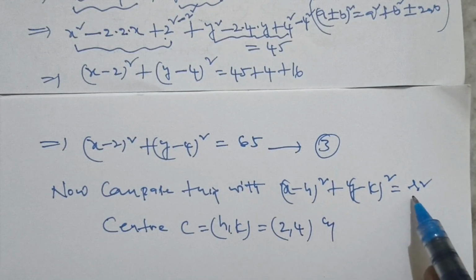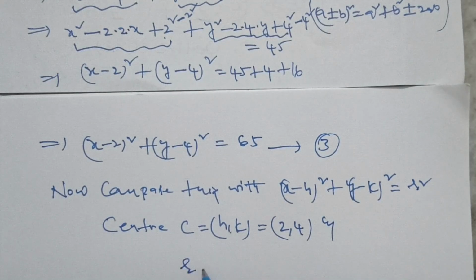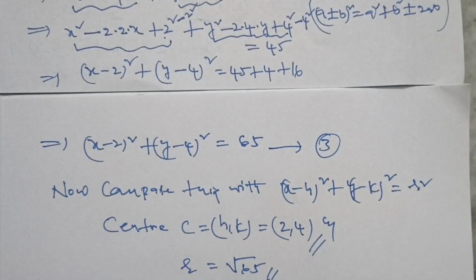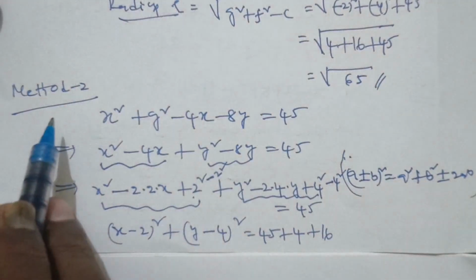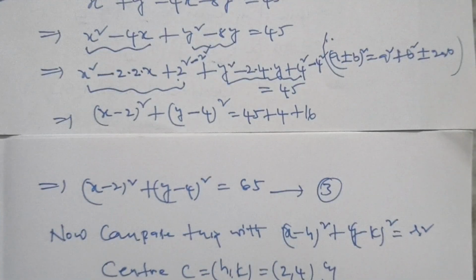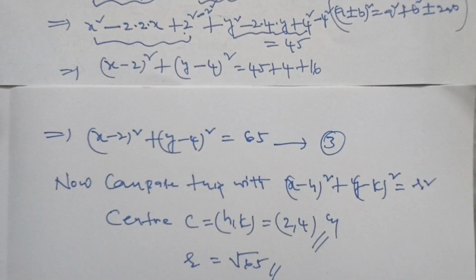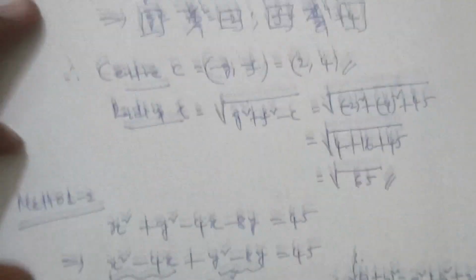In equation 3 we have the h value is 2 and the k value is 4. So that's why the center is 2 comma 4 and the radius r equals to root 65. This is method 2. Method 2 has center values 2 comma 4 and radius root 65.